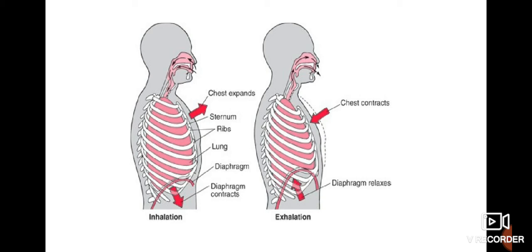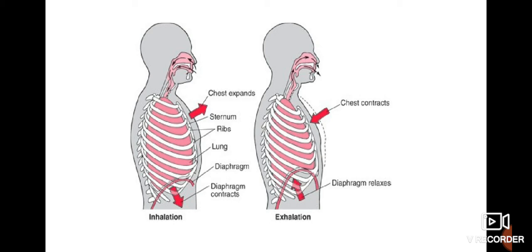Now, when we discuss inhalation and exhalation, the major point to remember is that during these two mechanisms, certain changes take place within our body. During inhalation, that is when we are inhaling oxygen, our chest cavity will expand. The ribs become larger, and the diaphragm is going to contract at that moment.